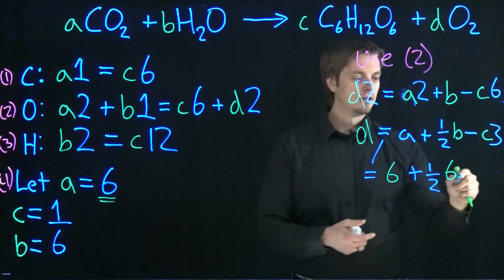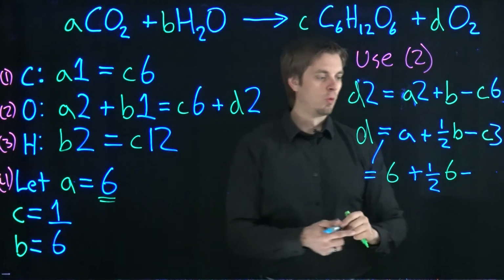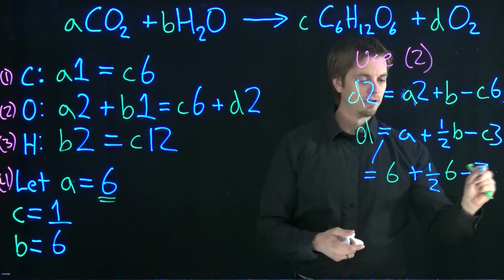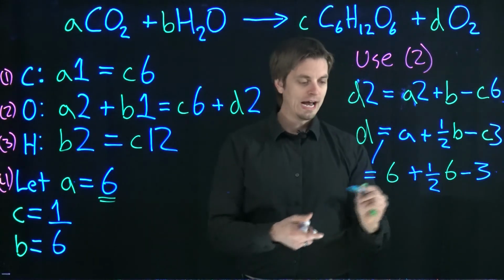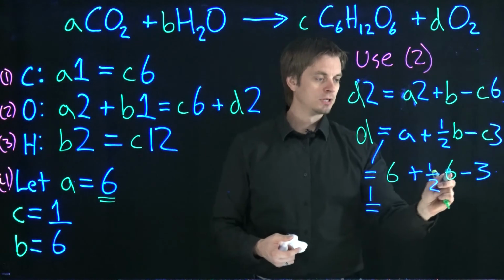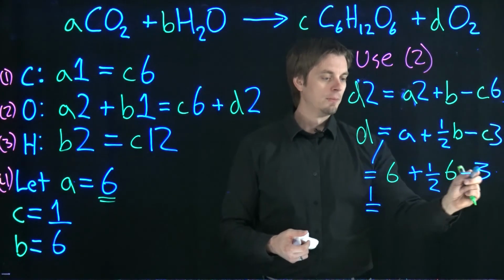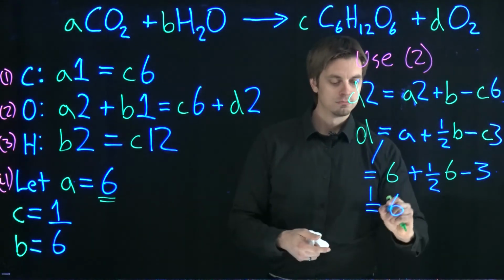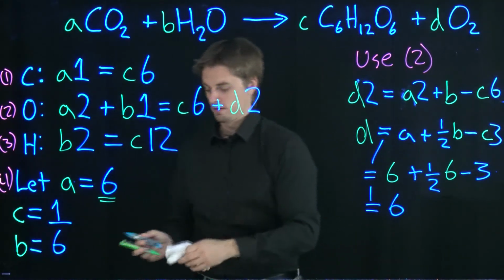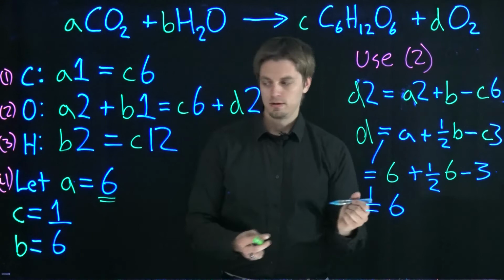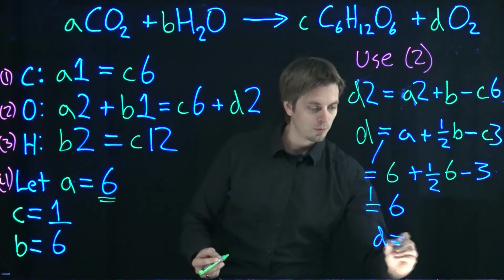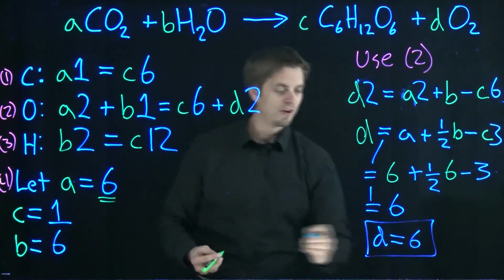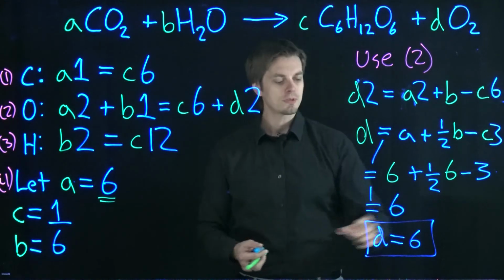And C, we determined had a value of 1, so we're just going to subtract off 3. So what we have here is 6 plus 1/2 of 6, which is 3, minus 3, gives us a value of 6. So you can summarize this right down here. So we found our fourth variable.